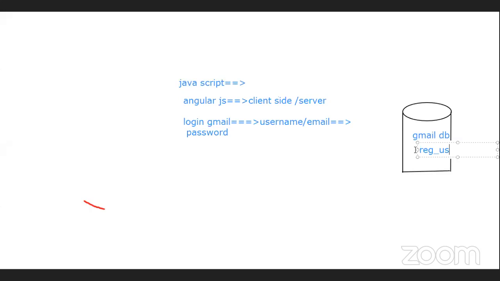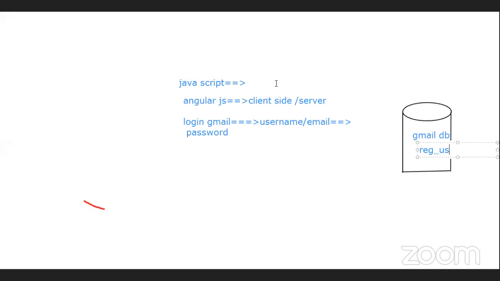These values are given at registration time. But if you want to log in, we need to use only two things: username and password. We check whether these two things already exist in the database server or not.